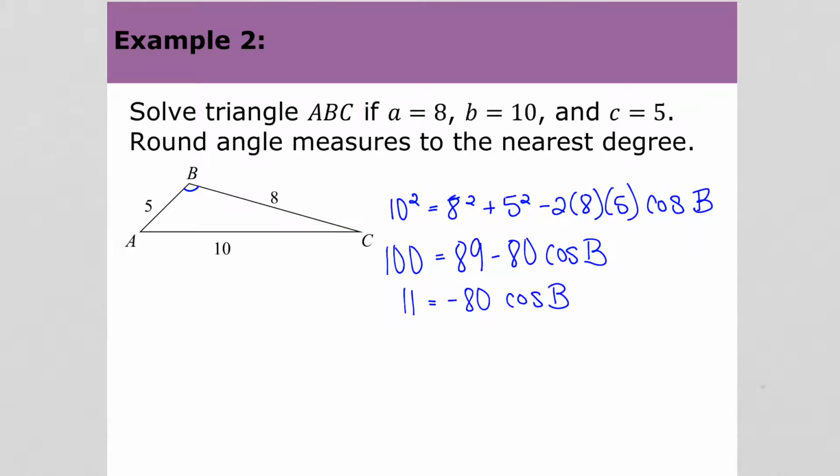There we go. And then divide by negative 80. So B will be the inverse cosine of negative 11 over 80, which is 98 degrees.